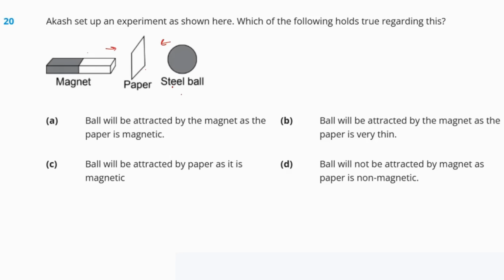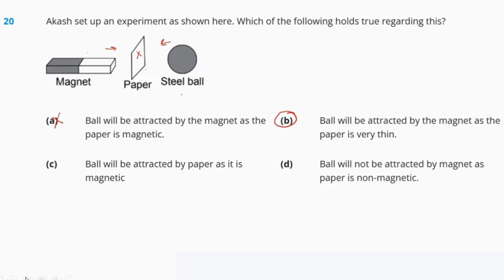Ball will be attracted surely, but not because of the paper, right? So this is wrong here. Ball would be attracted by the magnet as the paper is very thin. Yes, paper is very thin and the force of the magnetism is very high. So because of that, magnet and steel ball would be attracted to each other. Okay.